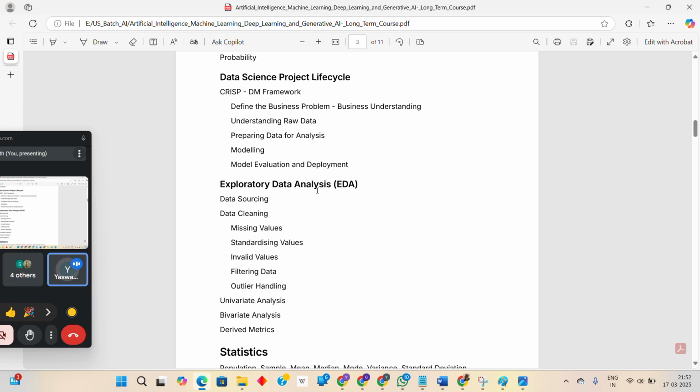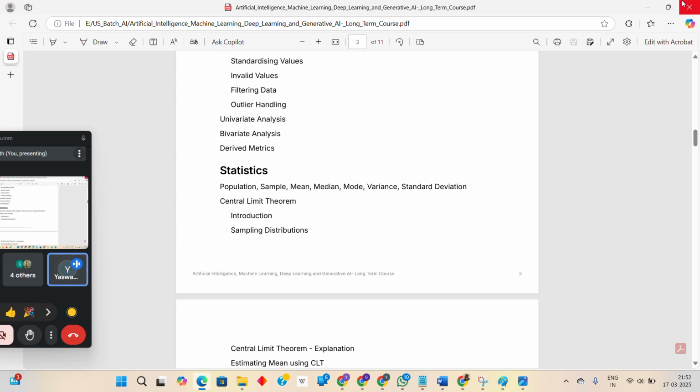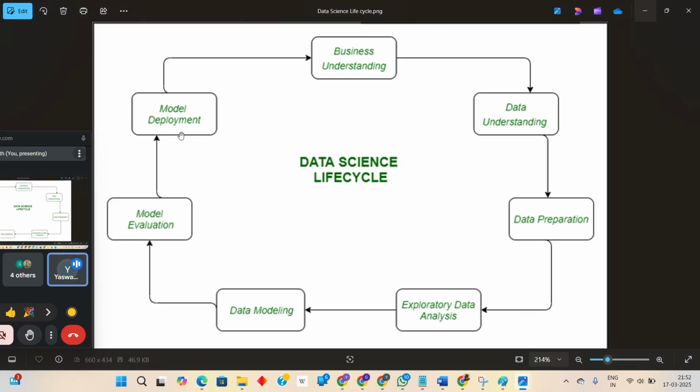So I will show you with a simple local host application, using Flask or Streamlit. In LLMs anyway, I will show you model deployment also, don't worry.